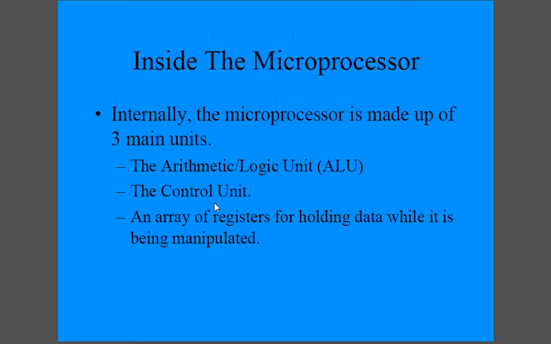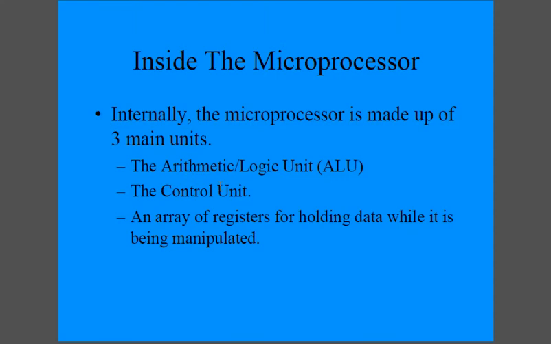And then inside the microprocessor, there will be three main units, which must be inside the microprocessor. That is your ALU. ALU stands for arithmetic logic unit, which will do all the calculation and the arithmetic operation.